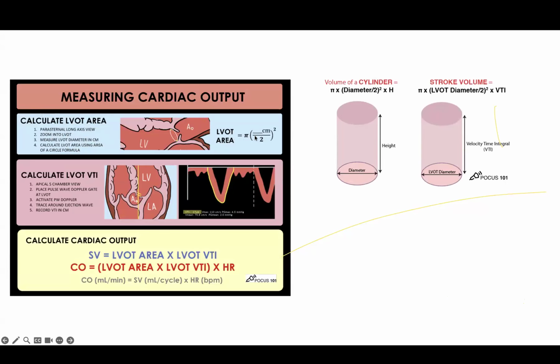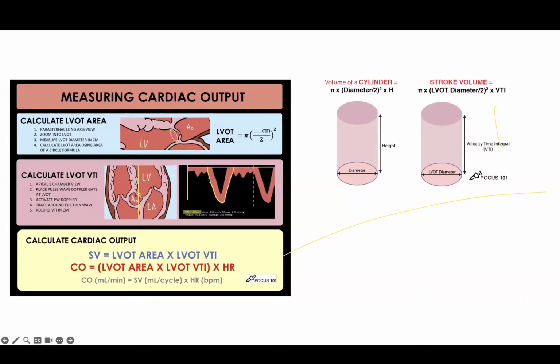Since you are taking the diameter, it is pi times diameter by 2, the whole squared. For the LVOT VTI, take an apical 5-chamber view, place the pulse wave Doppler gate at the LVOT, activate the pulse wave Doppler, trace around the ejection wave, and record the VTI in centimeters.